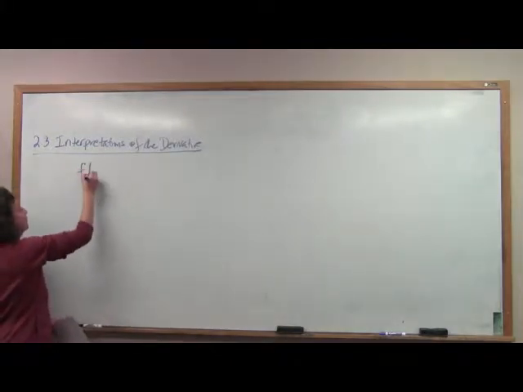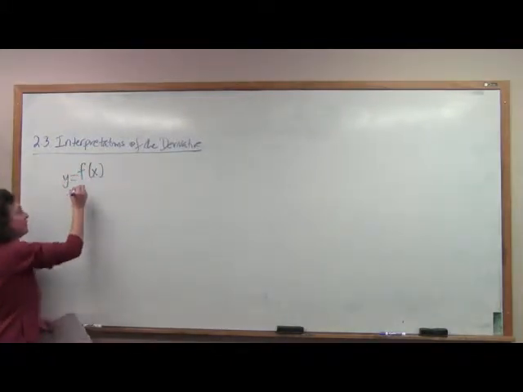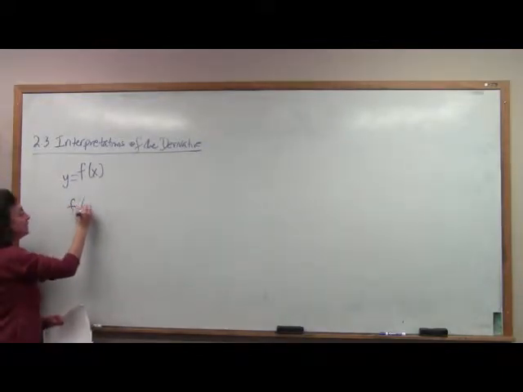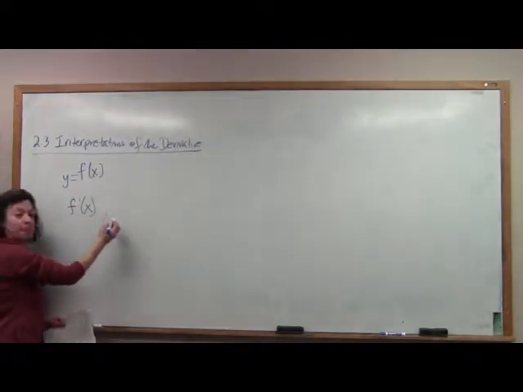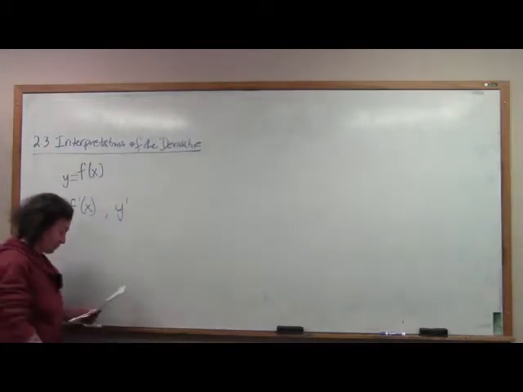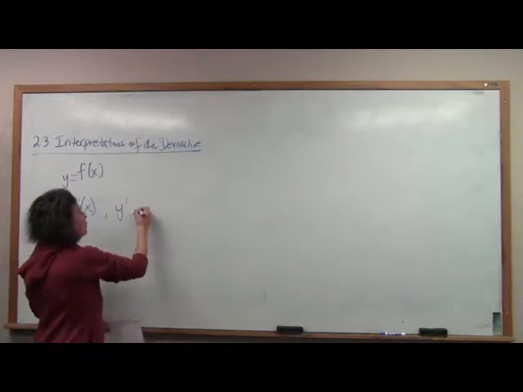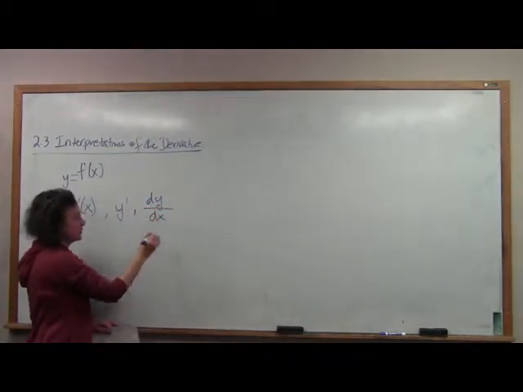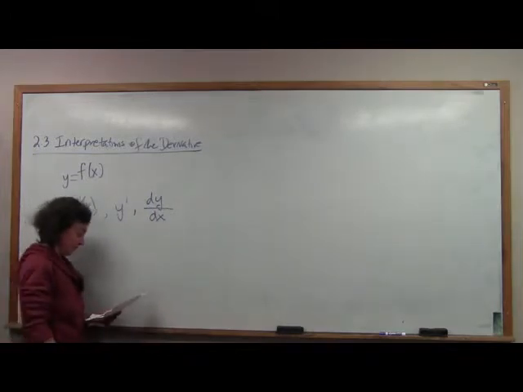So suppose my function is y equals f of x. One way that you've seen it is we can write it as f prime of x. Sometimes I'm really lazy and I just write y prime. Another way to write it is you're taking the derivative of y with respect to x.